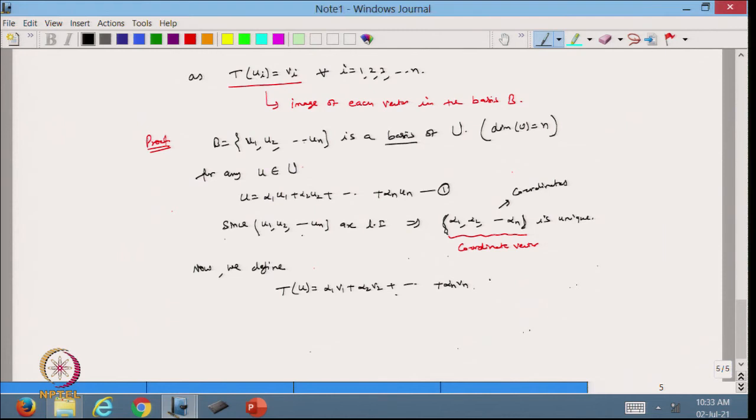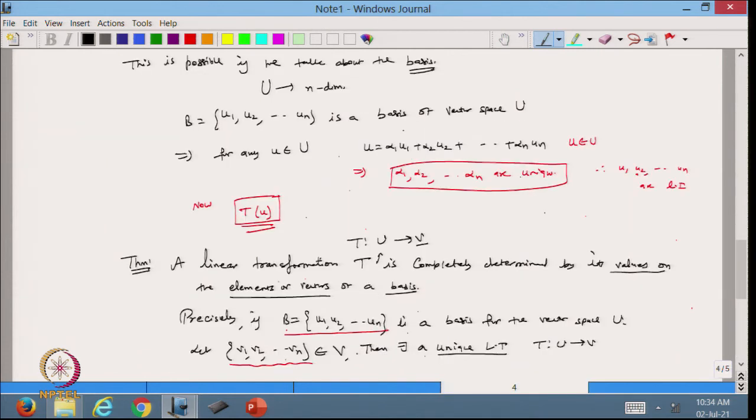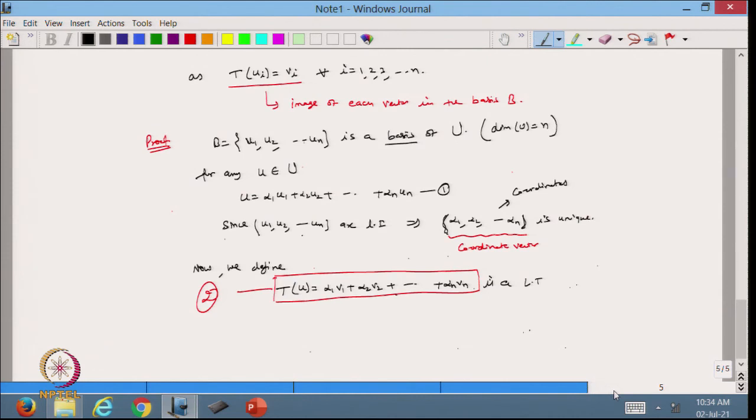I claim that this is a linear transformation. I call it maybe 2. The alpha i are coming from here, and v1 is the vector we have taken from the vector space V. So, let us do this one. I need to check.